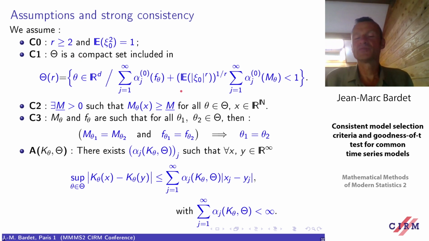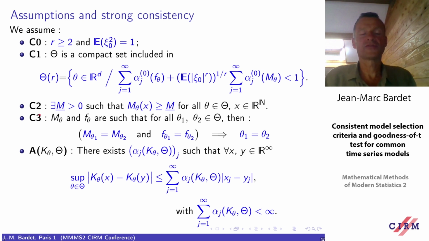The second condition: for any theta, we have causality and stationarity with a moment of order r, and here r will be equal to 2 at the beginning. After this, we assume that m_theta of x is greater than or equal to m, where m is supposed to be a positive number. This condition is really important for using quasi-maximum likelihood.